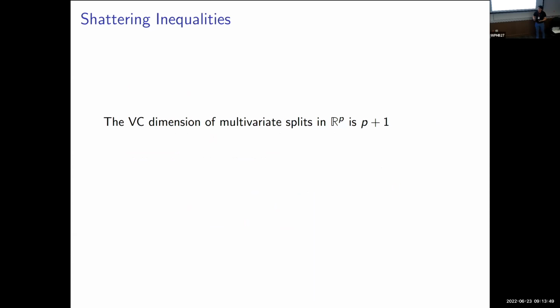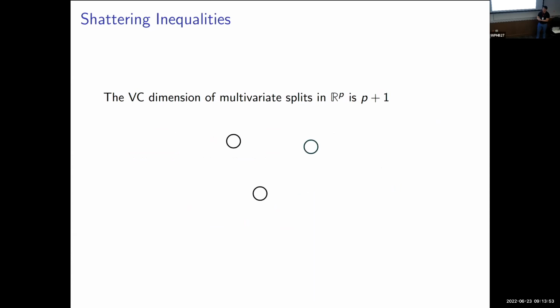To go over this, we're just going to go over a simple example. We have two-dimensional space, and you can lay out 3 points such that it's always possible, no matter how the points are partitioned, to separate them. So this is to convince you that this is always possible. If you have 3 points, you can always separate them. I should be clear, you can be mean and put these 3 points in a line.